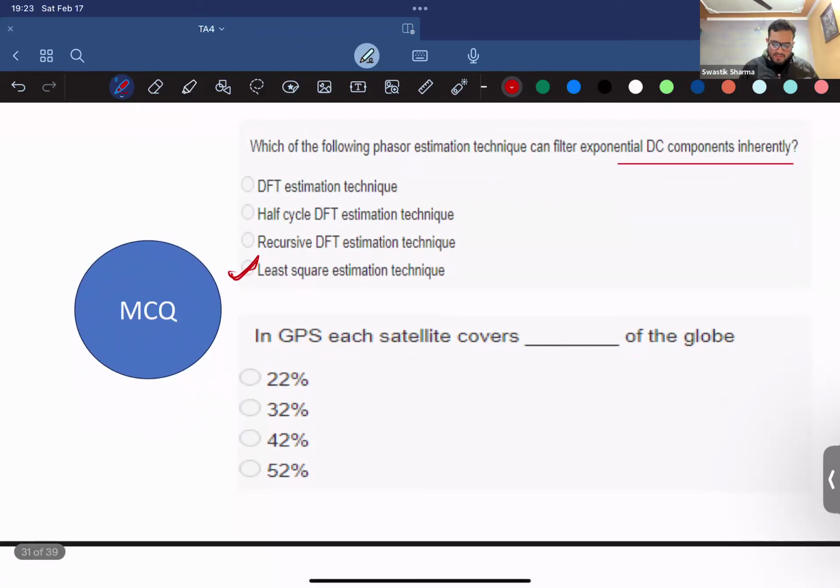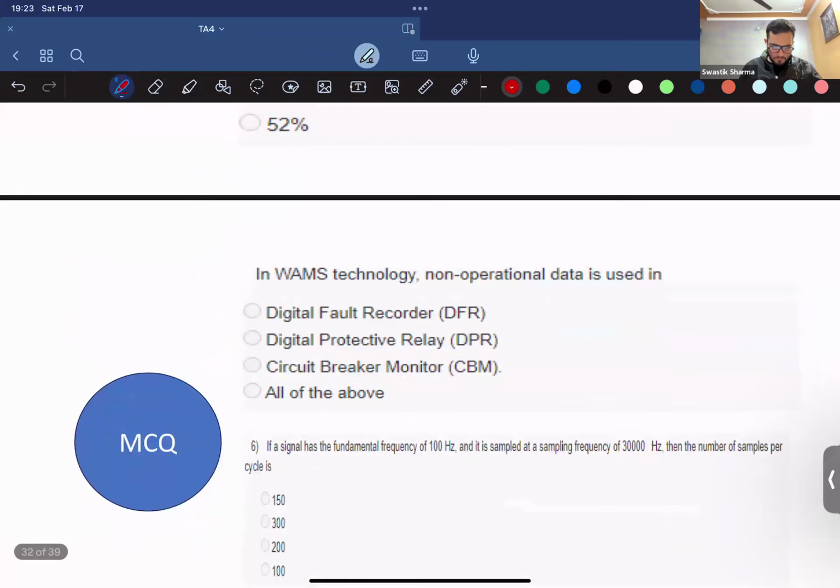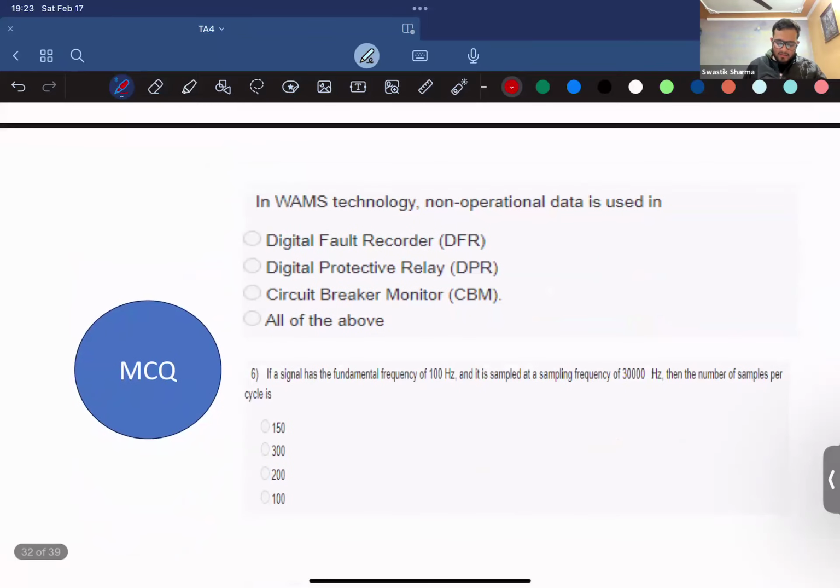Now in GPS, each satellite covers what percentage of the globe? This I also covered. It's 42%. Correct. In WAMS technology, non-operational data is used in. In the beginning of this week, the instructor covered two forms of data that WAMS use: operational as well as non-operational.